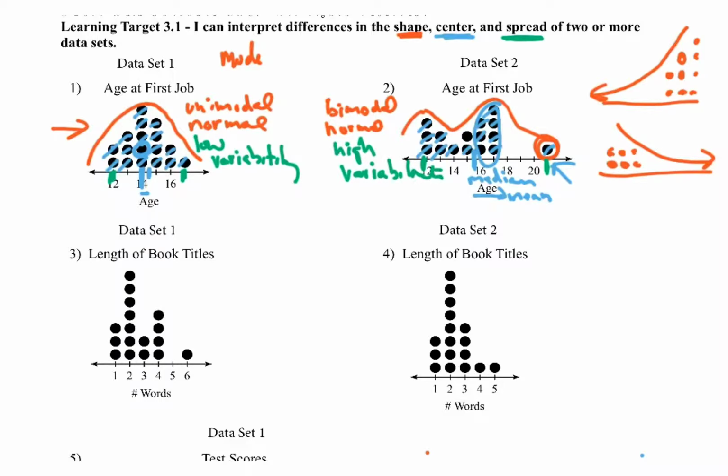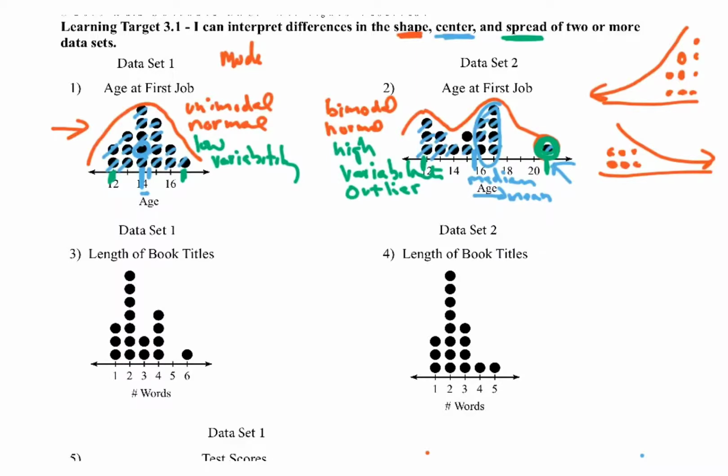Also, we talk about outliers. It looks like this guy clear out here could be an outlier. We could double check that if we want, but we're just looking at it to interpret, not really getting too crazy with it. So we just list those and see how they are different in the shape, the center, and the spread.